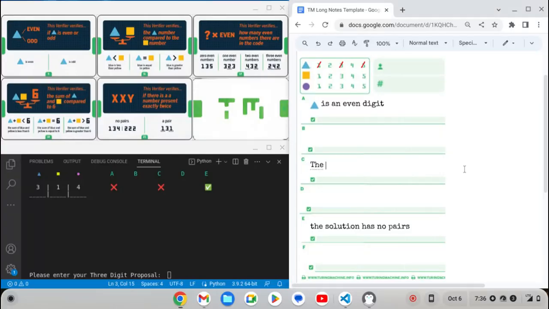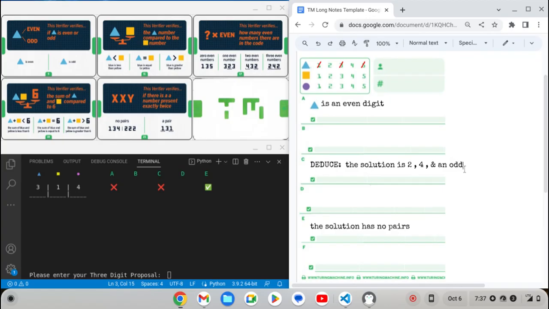So we'll say that the solution, actually, let's state we're going to deduce the solution, and we'll say it as, since we know that there are no pairs, the solution is 2, 4, and an odd.